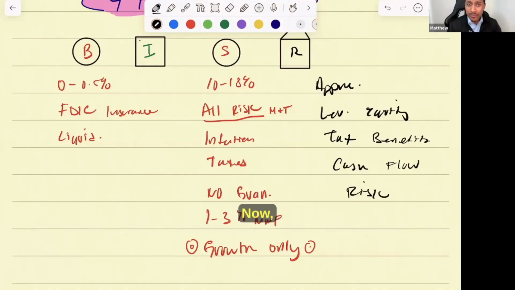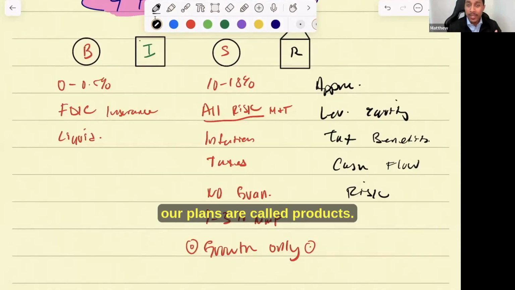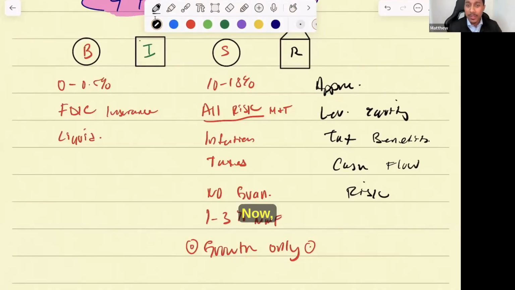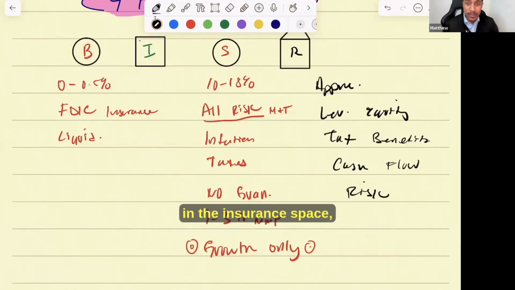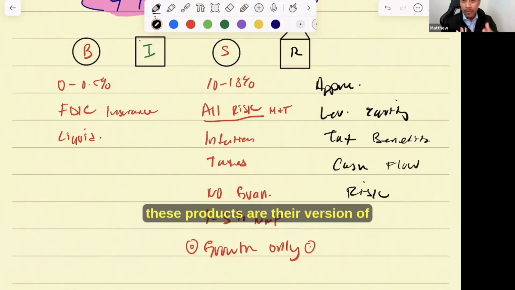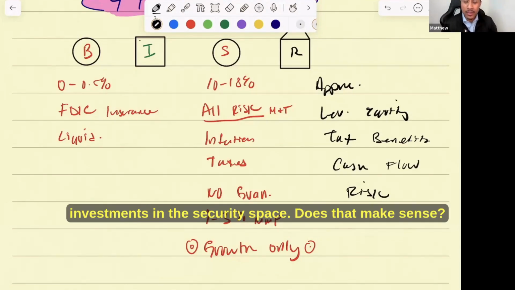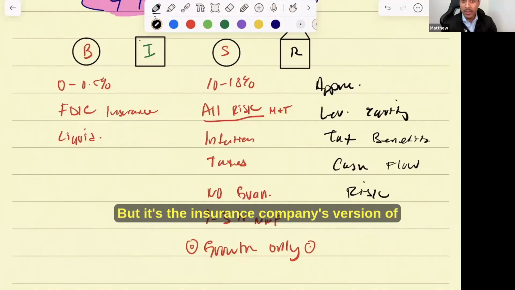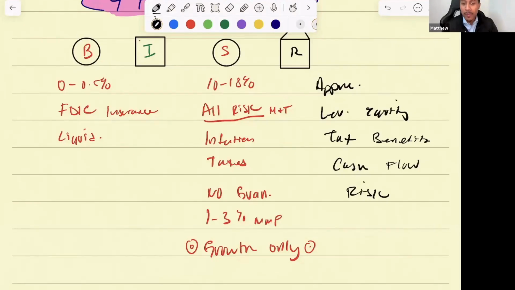Now, our plans are called products. What you have is called an investment. In the insurance space, these products are their version of investments in the security space. Does that make sense? It's the insurance company's version of retirement, and they're called products.